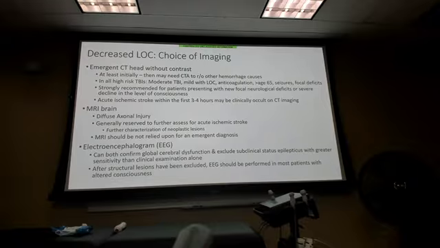Okay, so if they come in with a stroke-like picture, they were just found down, and their head CT without contrast is normal, then doing an MRI or a CTA, whichever is next on the algorithm for strokes, is extremely important so that we can find that hemorrhage or that ischemic stroke.